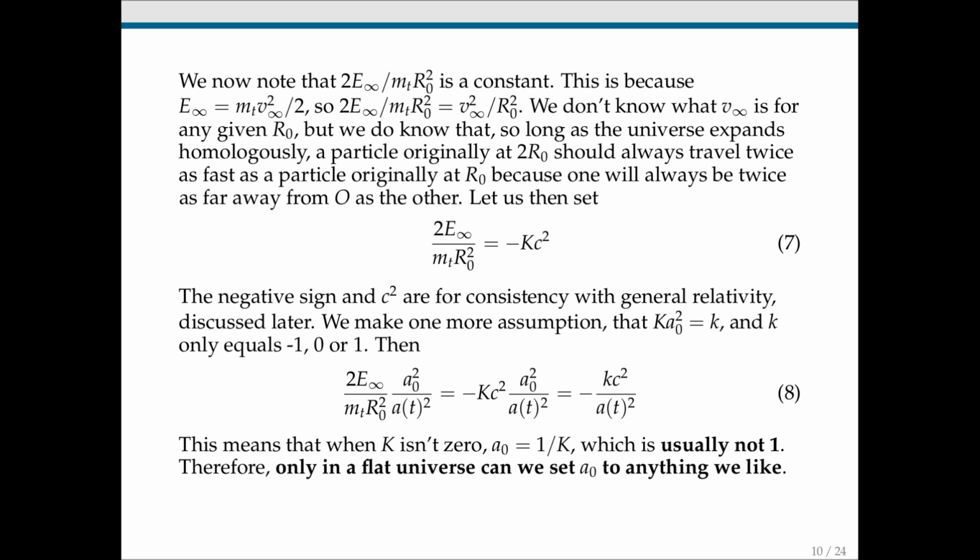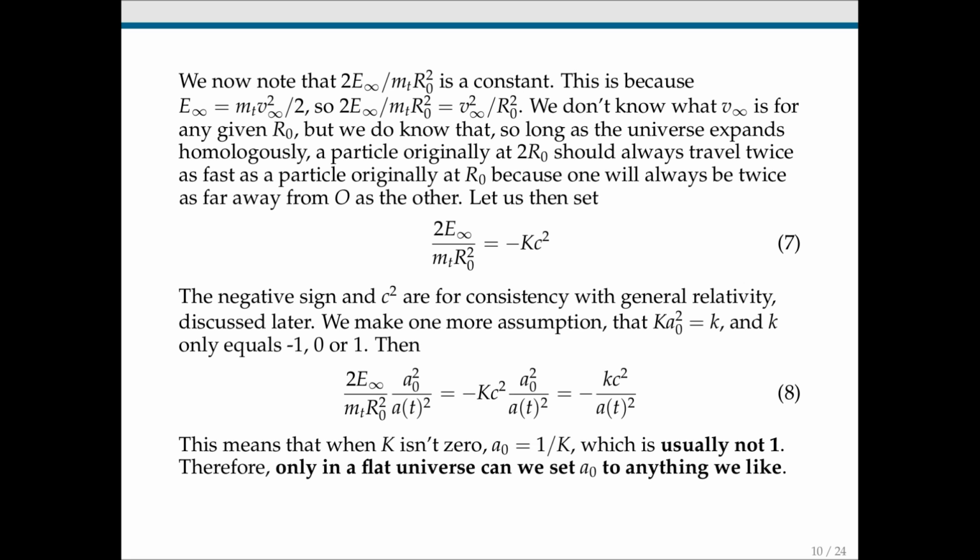We don't know what v infinity is for any given initial radius, but we do know that so long as the universe expands homologously, a particle originally at 2 times the initial radius should always travel twice as fast as a particle originally at just the radius, because one will always be twice as far away from the origin as the other.